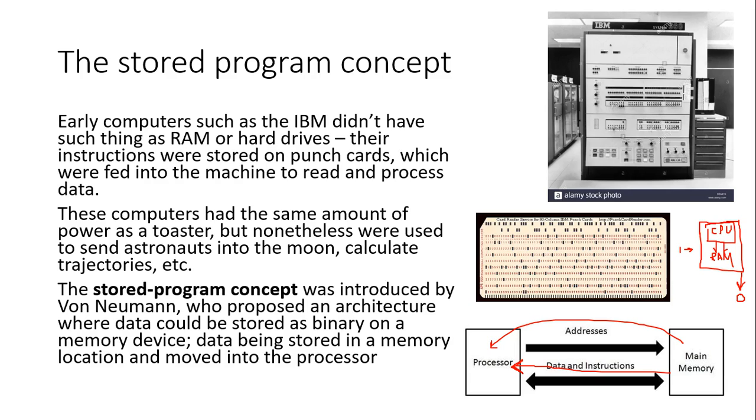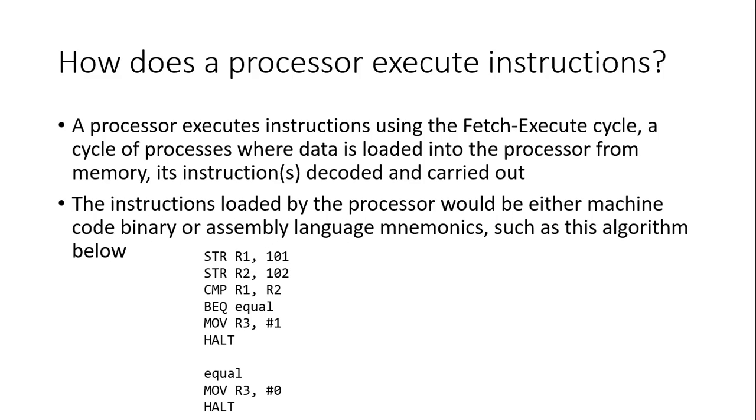So that's essentially the von Neumann architecture. If you're asked about the stored program concept, the best way to define it is data being stored in a memory location and moved into the processor. And this is moved between the processor and the main memory using the data bus.